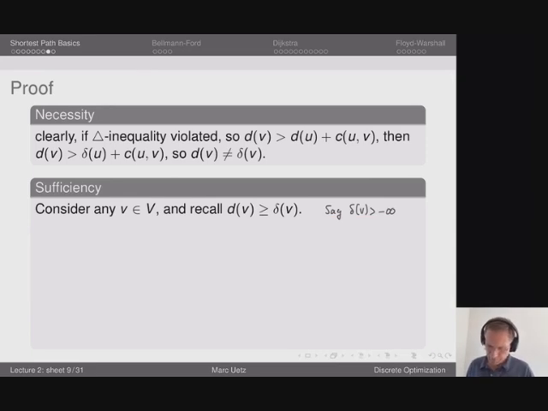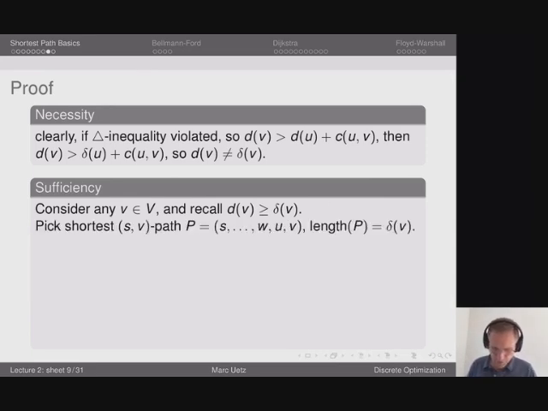Now, that means that we can pick a shortest path from S to V. Such a shortest path is well defined, and this is just one of these shortest paths if there is more than one. And let's say length of P denotes the length of this path. By the choice of P, this is equal to the true distance.